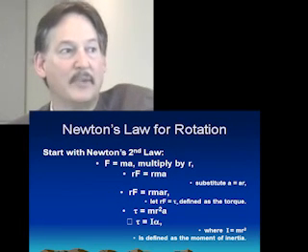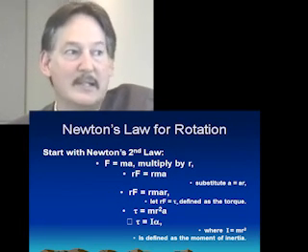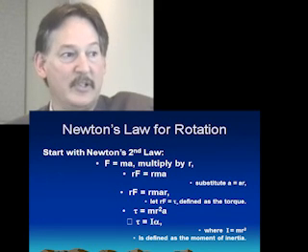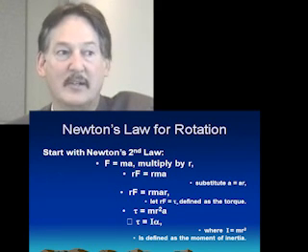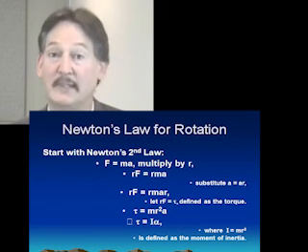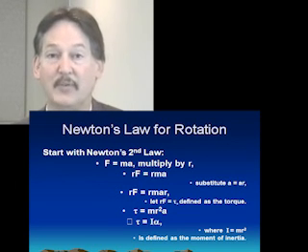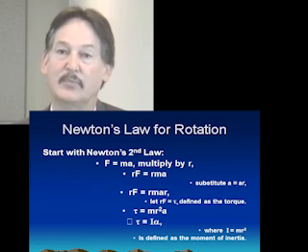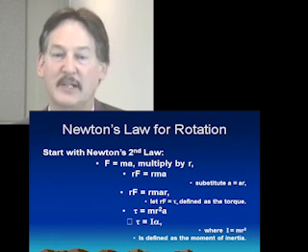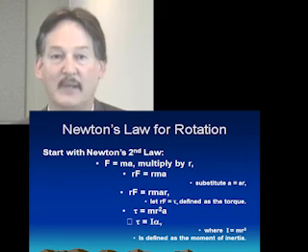The torque is the moment of inertia times the angular acceleration. The moment of inertia was the combination of symbols m times r squared. In this case, we were simply dealing with one mass with a force applied to that mass, and that mass was displaced from the point of rotation by a distance r.